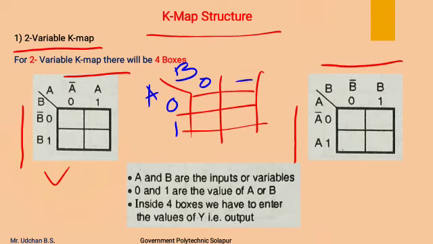This is the position of b, I will write it as 1. So in this way we can represent the structure of the two variable K-map, where a and b are the input variables, 0 and 1 are the values of a and b, and inside these four boxes we have to enter the values of output in the Boolean expression. We will study that in the next slides.